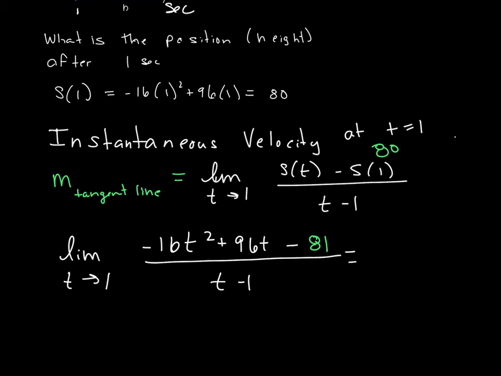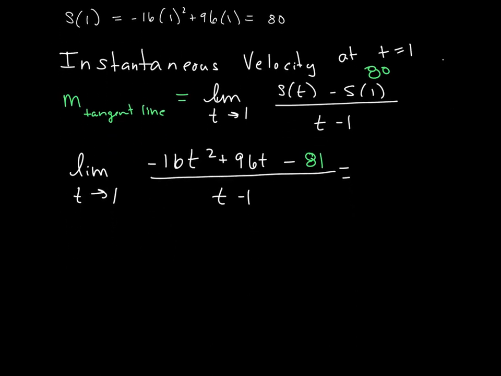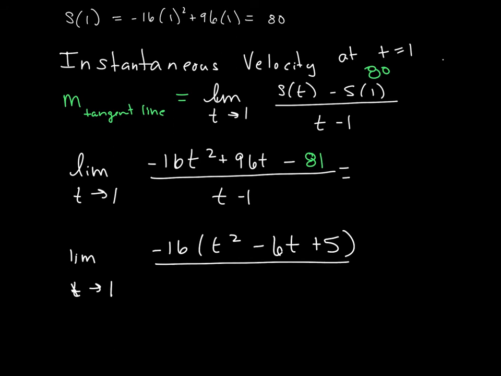We want to take the GCF out here. The GCF is negative 16. Then we are left with the limit as t approaches 1 of negative 16 times t squared minus 6t plus 5, all over t minus 1.